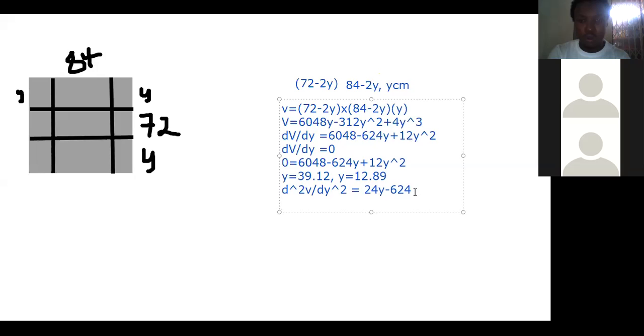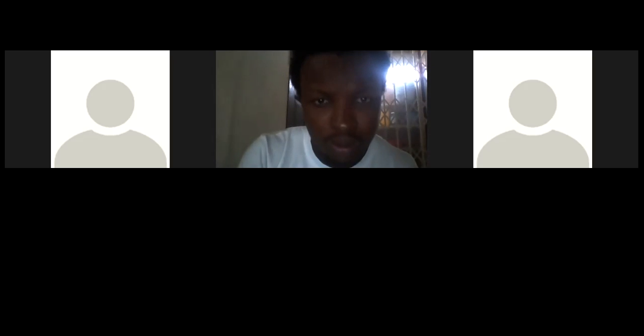After getting this, when y is equal to this, what are you going to get for the second derivative? We are going to substitute y into it to know whether V will be minimum or maximum.